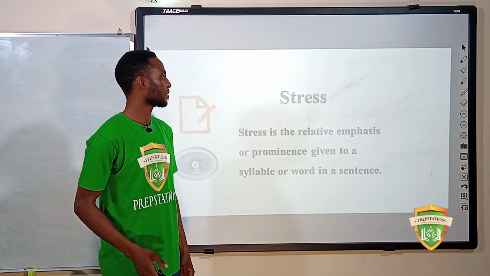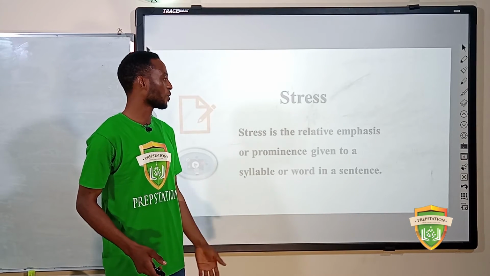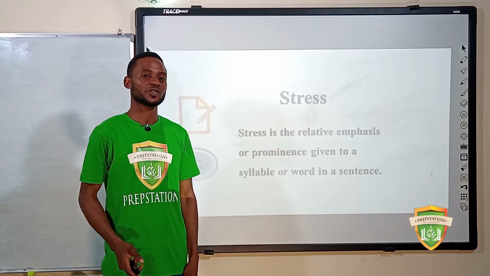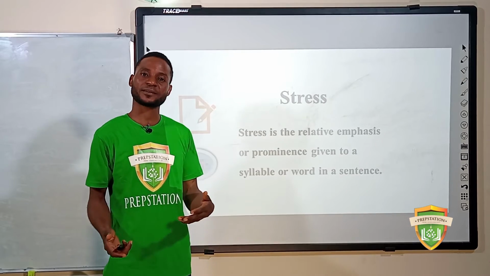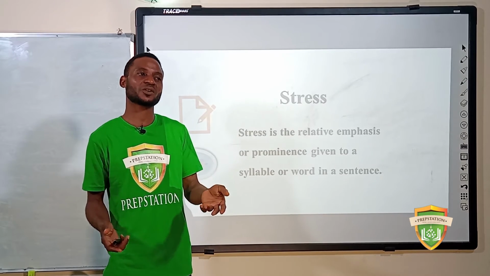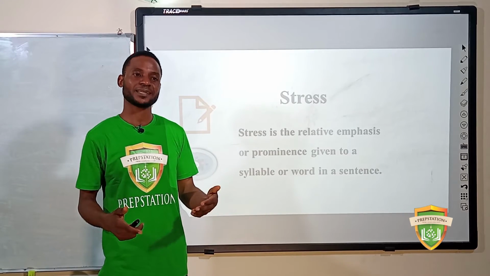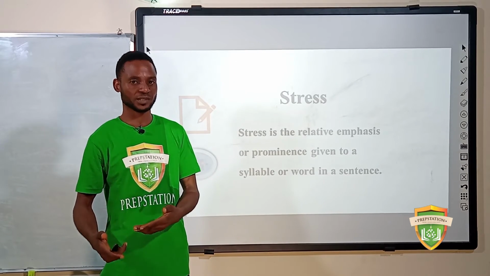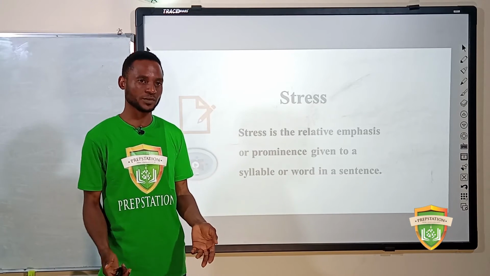Welcome back. We started something on stress before we went on break. So we're going to look at stress now. Stress is a degree of emphasis attached to a particular syllable in a word or even in a sentence structure. And that means stress can be discussed at two levels: at the level of a word, and then at the level of a sentence, or a level larger than a word, a group of words.